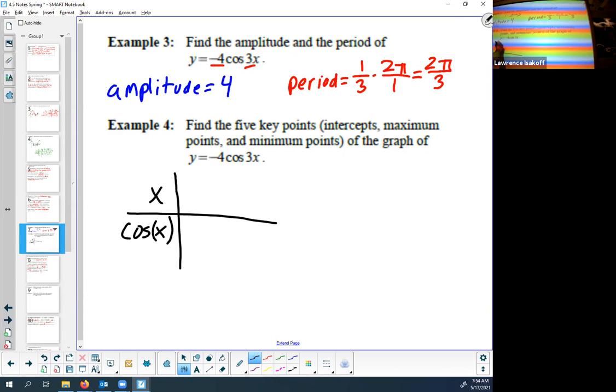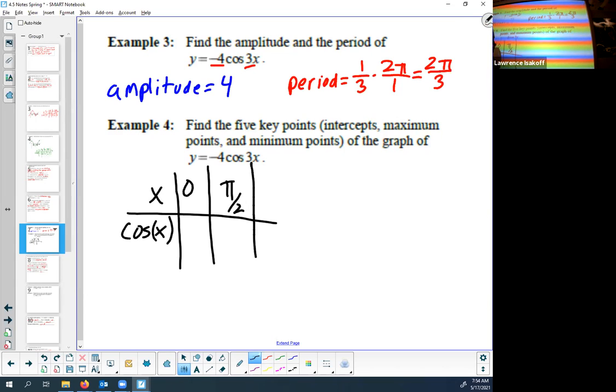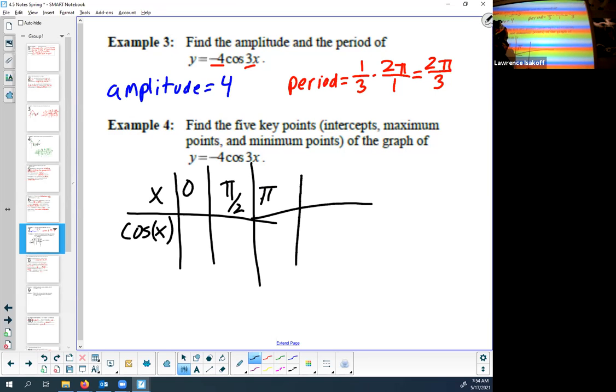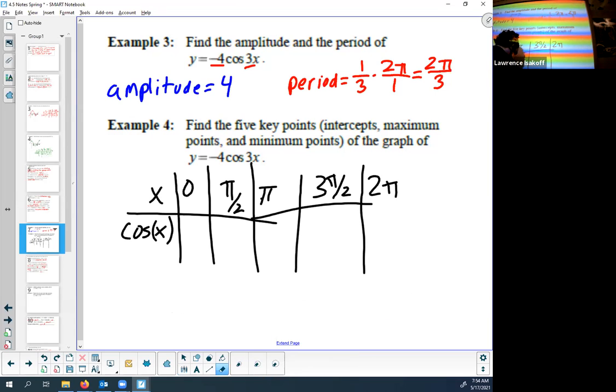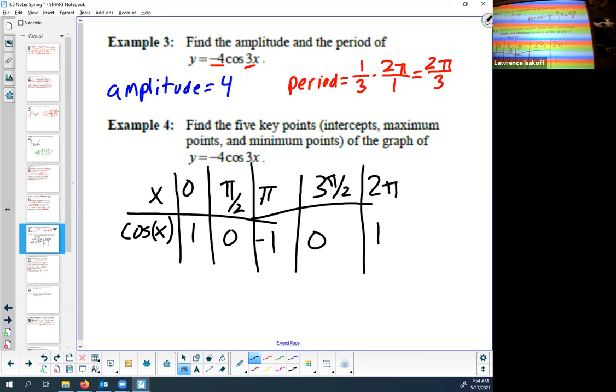So that would be 0, pi over 2, pi, 3 pi over 2, and then 2 pi. That gives me now values. I'm at 1, 0, -1, 0, back to 1.